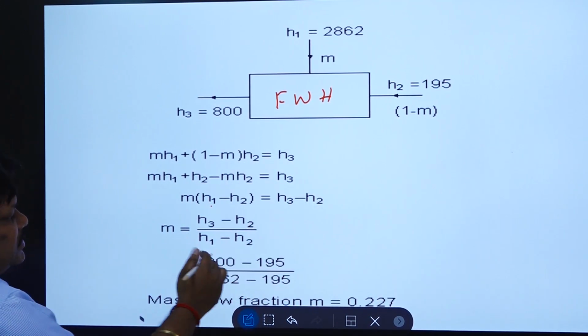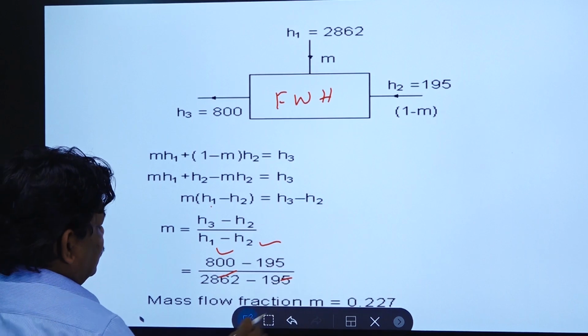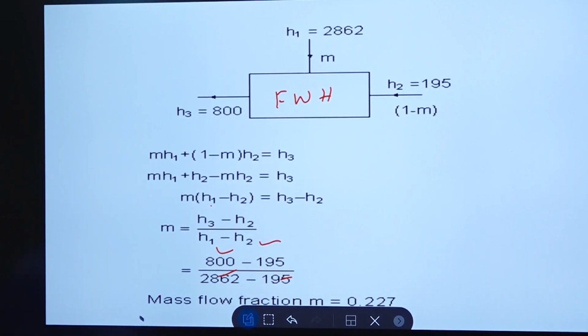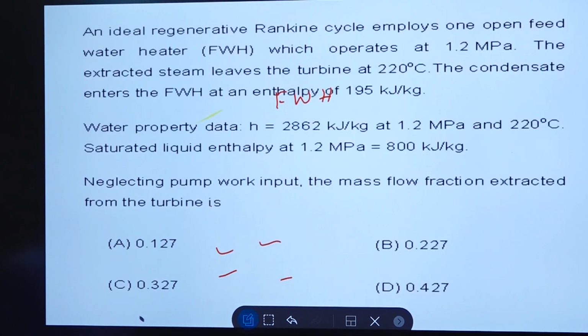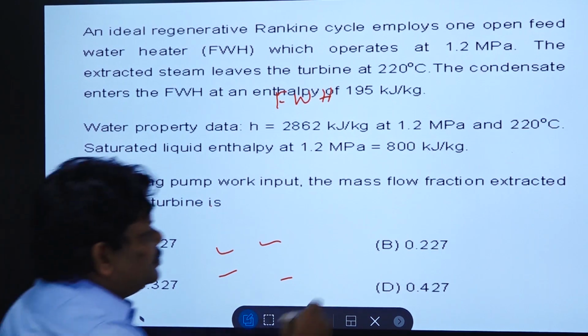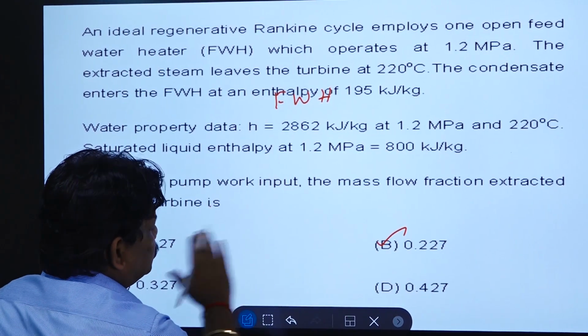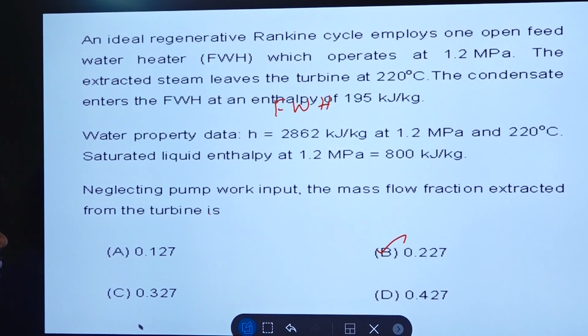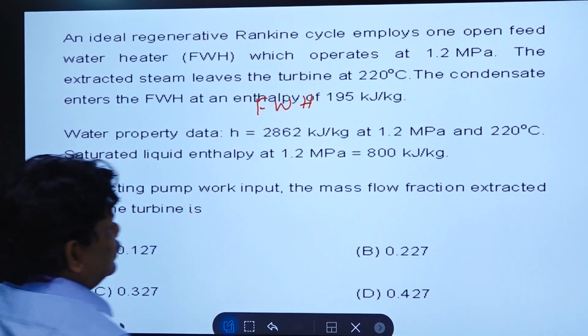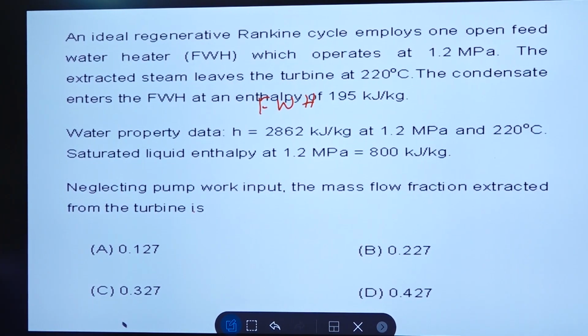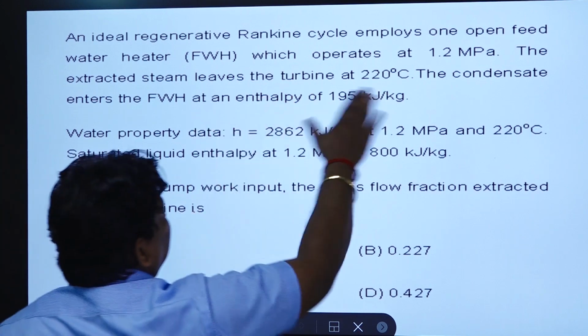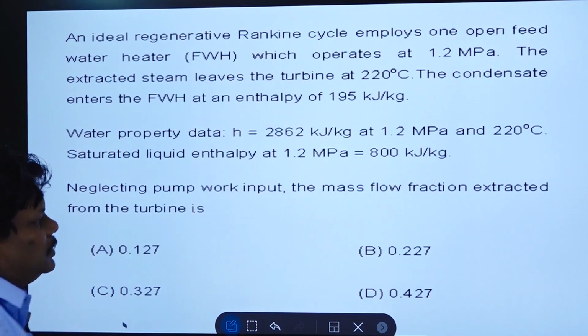You know all the values, so the mass flow fraction will be 0.227. So the answer is B, 0.227. You should know how to balance the equation according to the data given to you.